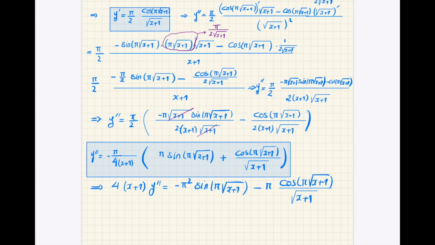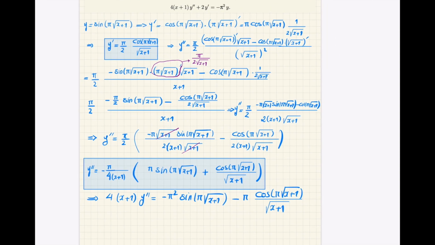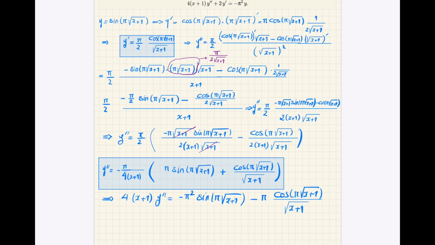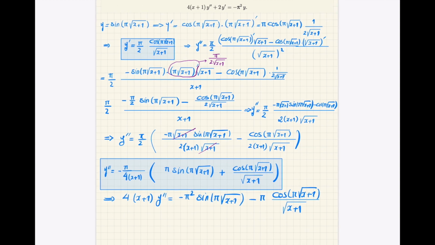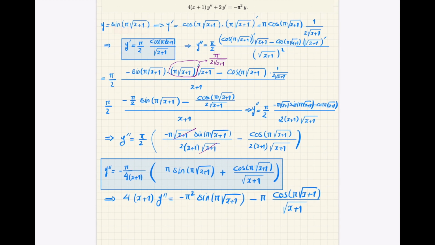But now something interesting happens. If I ask you what is this part, you can immediately answer, look here, this is actually y. So instead of this one, I can simply put y. And if I ask you what is this one, you can also immediately answer, because look here, this is exactly this combination. You see cosine pi square root of x plus 1 in the numerator, square root of x plus 1 in the denominator.